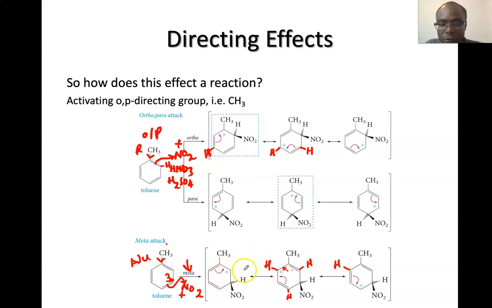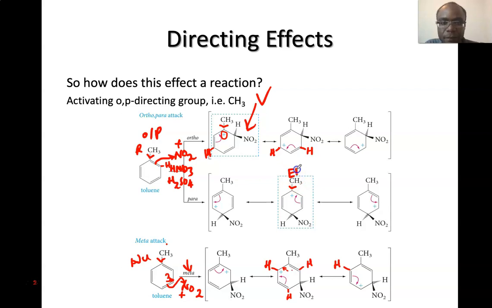What I want to show you is that here, you'll never get the plus sign sitting on the carbon where the electron donating group is. You see how this plus sign is next to the electron donating group? That's good. You want that. If you're assuming para substitution, one of the resonance structures will have the plus sign sharing the carbon with the electron donating group.